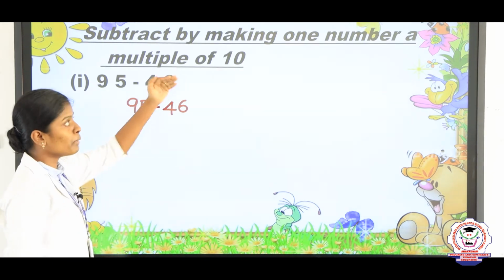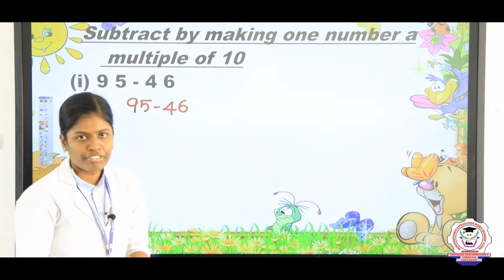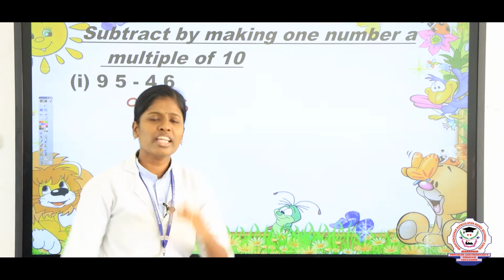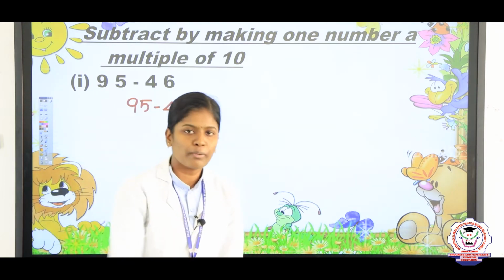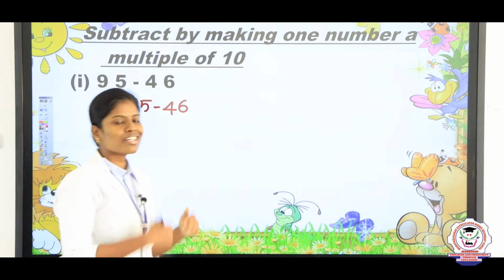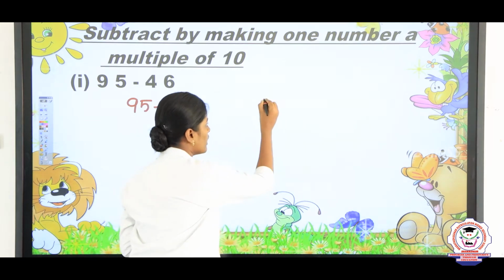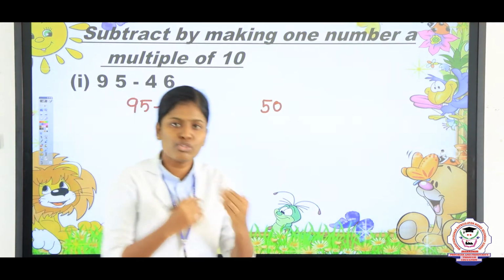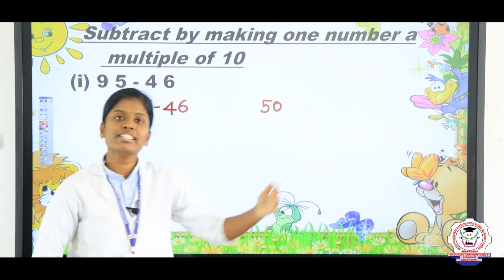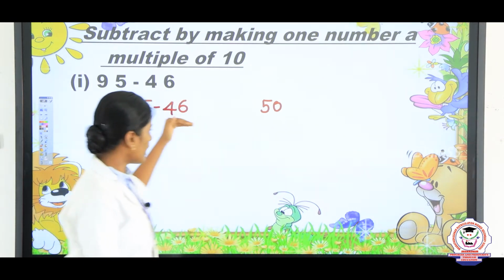Here, subtract by making one number a multiple of 10. So take the smaller number. Here the smaller number is 46. So you make it a multiple of 10. The multiple of 10 nearest to 46 is 50. I asked Bhavana, what number should be added to 46 to get the sum 50? She said, ma'am, the answer is 4.